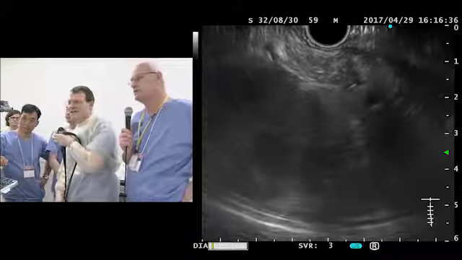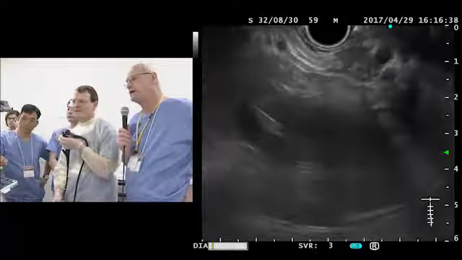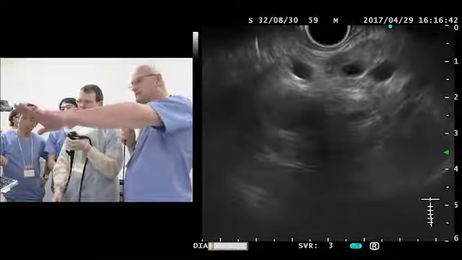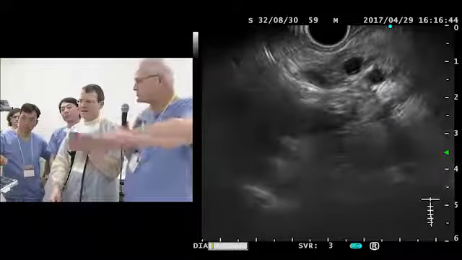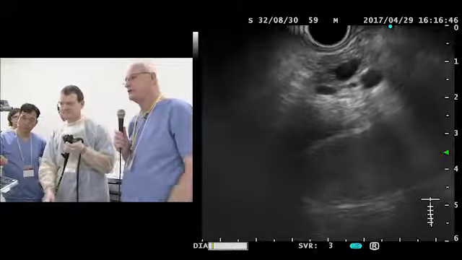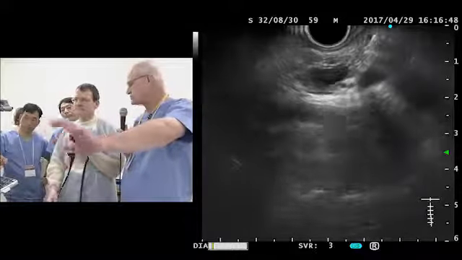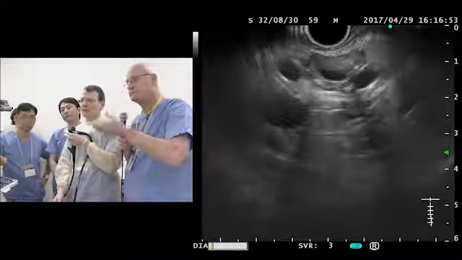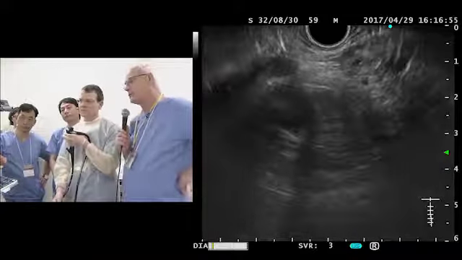So this is a very suspicious area. But what we were talking about also is that the duct is dilated downstream of this area. So it suggests that there is also something going on in the head of the pancreas or something downstream to produce both the atrophy as well as the dilation.